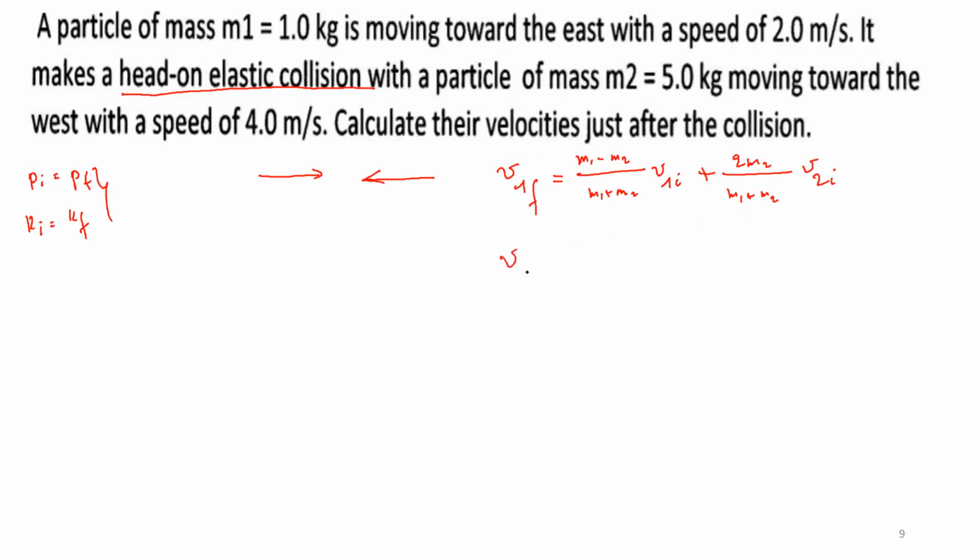And v2 final is equal to what? 2m1 divided by total mass, and this is in your formula sheet, right, times v1 initial, plus (m2 minus m1) divided by total mass, times v2 initial.